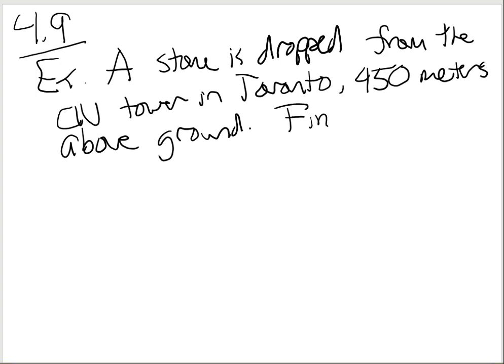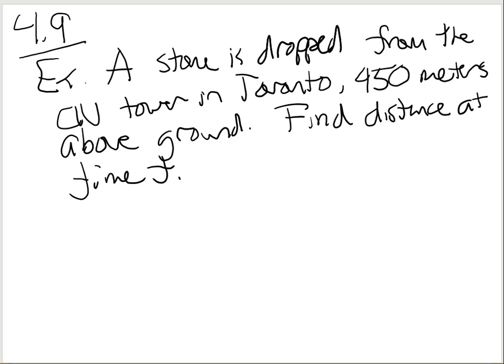Find the distance at time t. Well, we're talking about in terms of meters, so one little fact about physics I'll say is you have negative 9.8 is your acceleration. So that's the second derivative of distance.